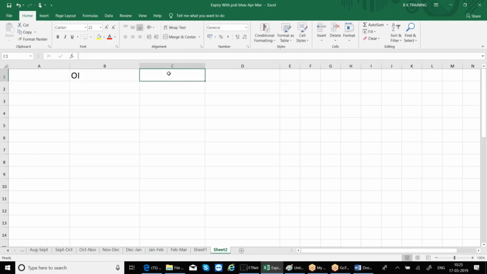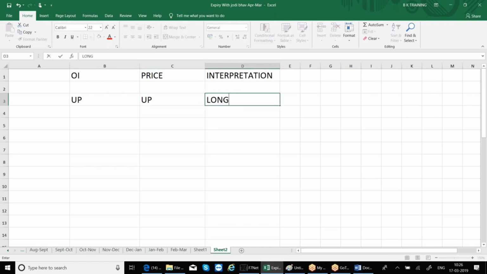So with the help of open interest and price, both together, we have the interpretation. That is, open interest is up and price is also up. The indication is long build up.